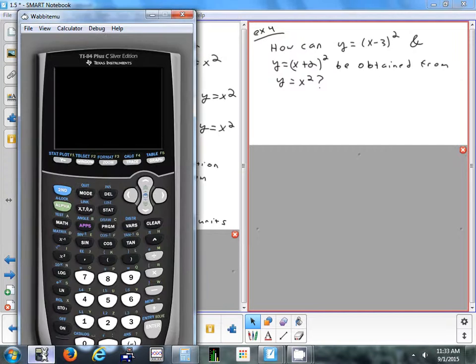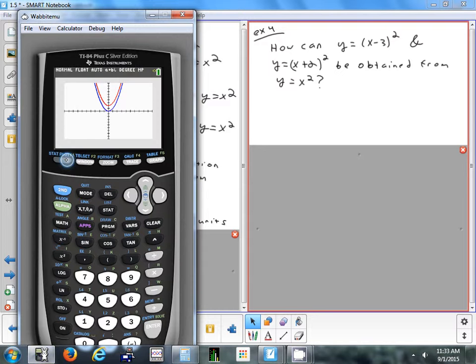Let's start with the plus. We've got y equals x squared, and then we do y equals (x plus 2) squared. Devin said that's going to go to the left, and it does. This one's a little tricky.